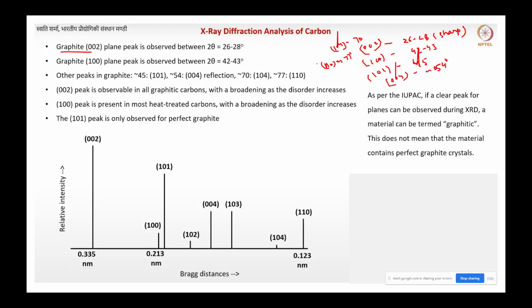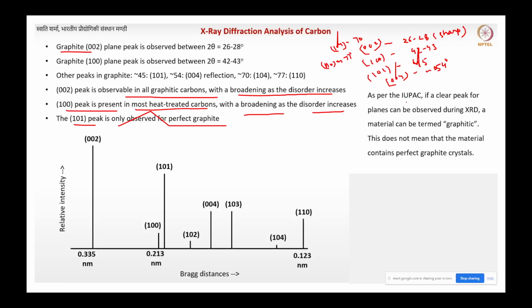The 002 peak is observable in all graphitic carbons, with broadening as the disorder increases. The 100 peak, at 42 to 43 degrees, is present in most heat treated carbon, with broadening as the disorder increases. The 101 peak, at 45, is only observed for perfect graphite.